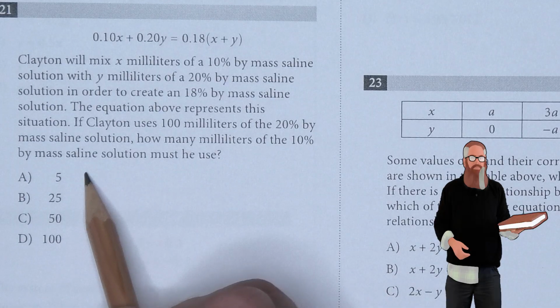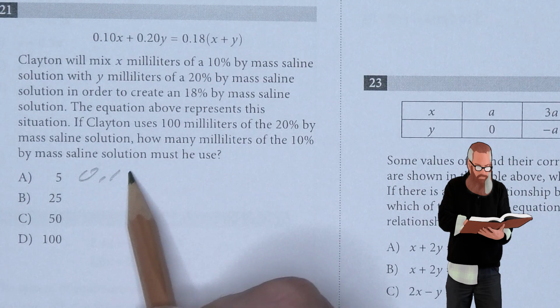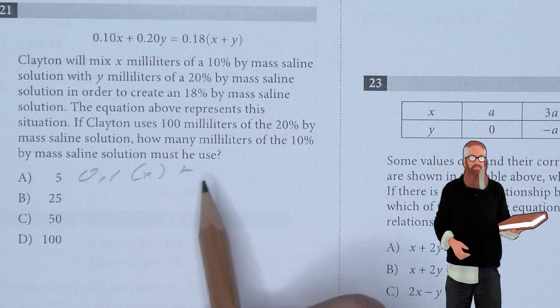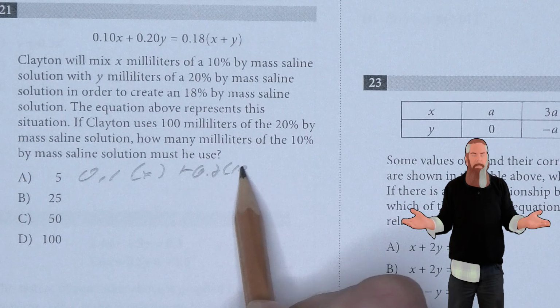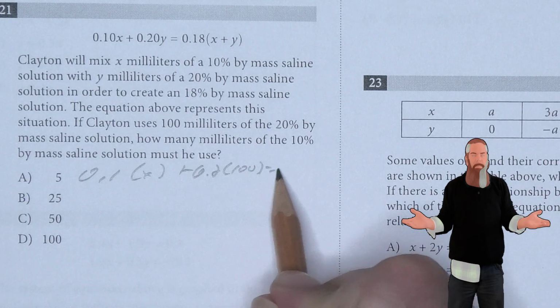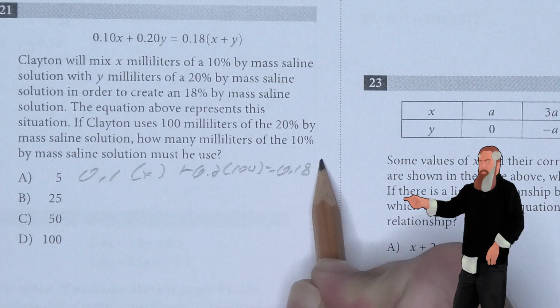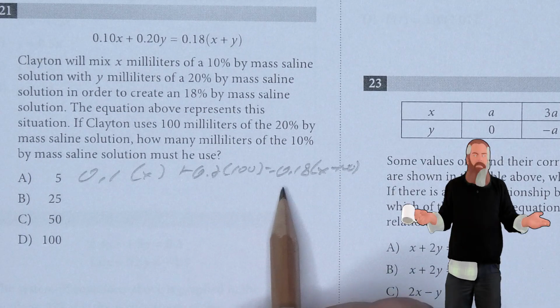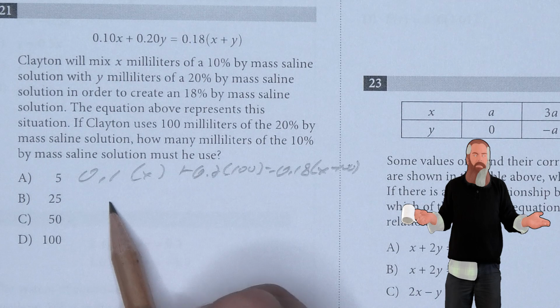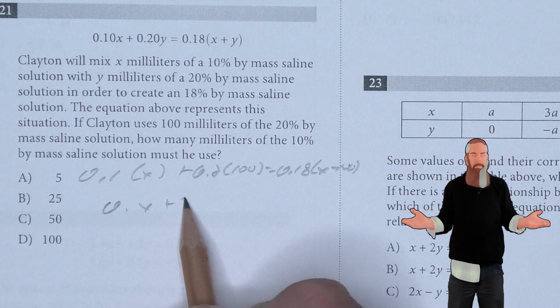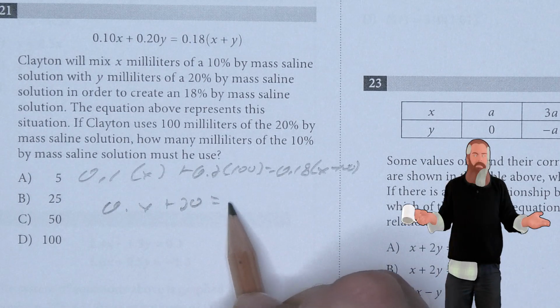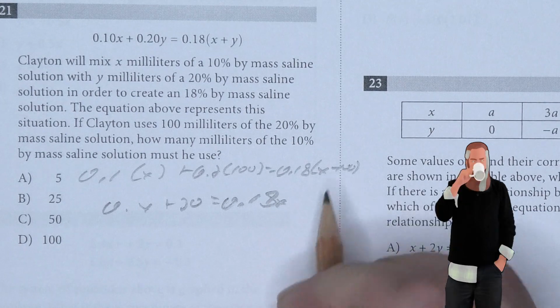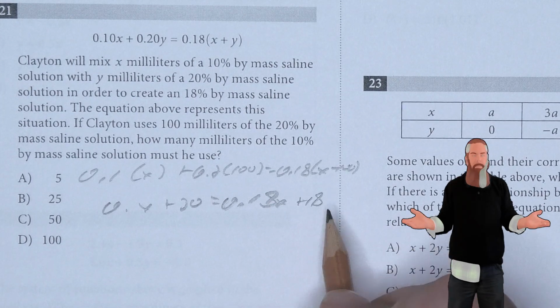So what we're dealing with is 0.1 times x plus 0.2 times 100, and this is going to be equal to 0.18 times (x plus 100). So let's get rid of all of these parentheses and say 0.1x plus 20 is equal to 0.18x plus 18.